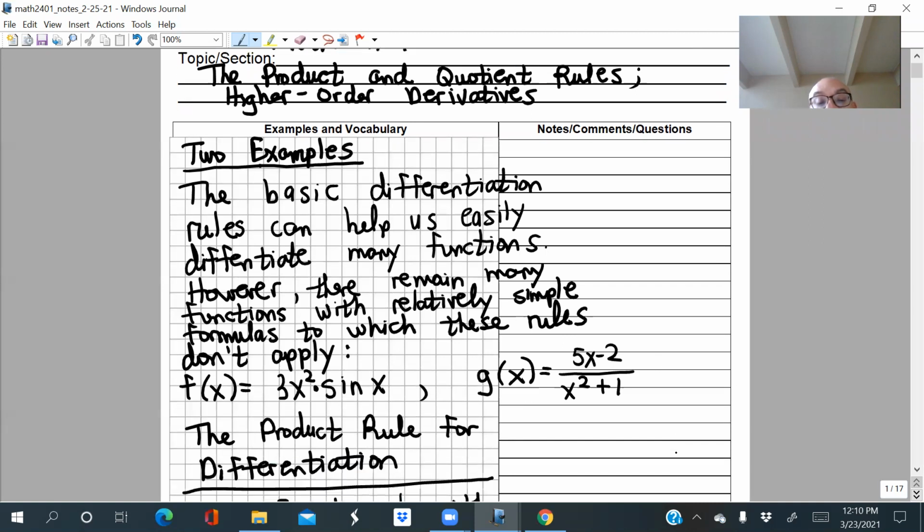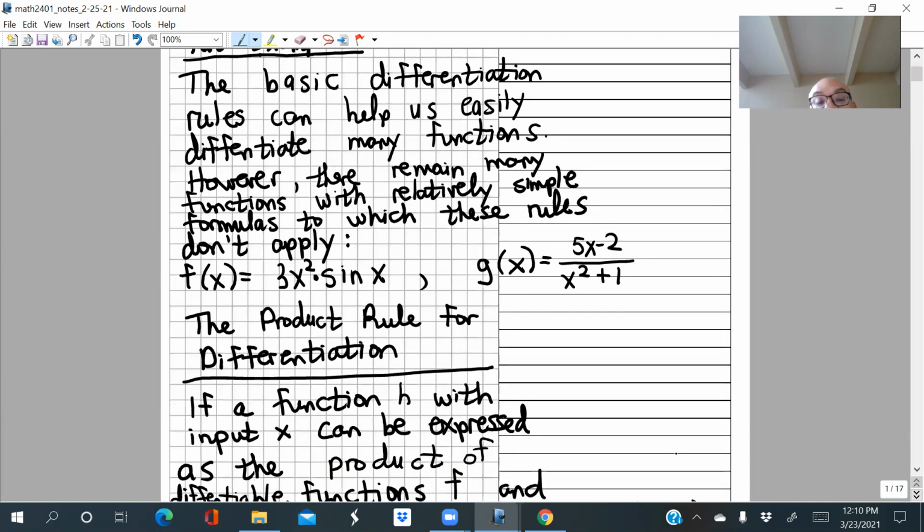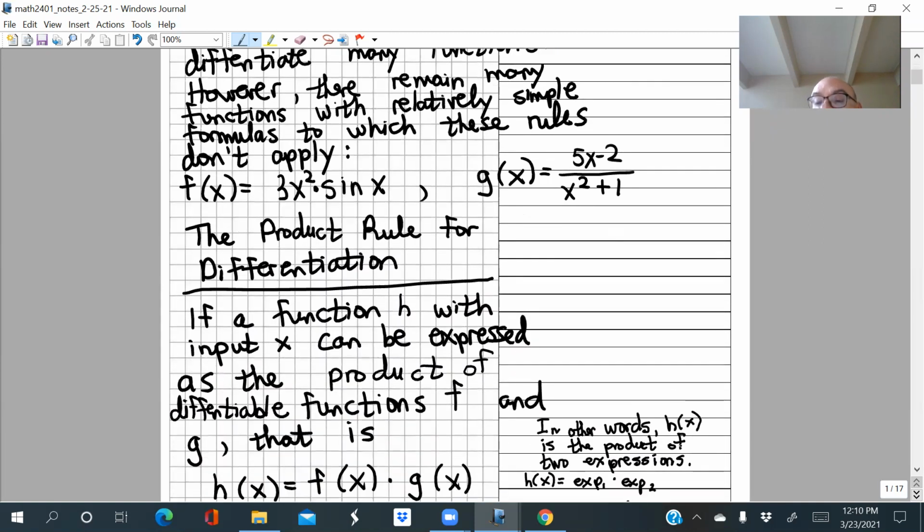The first rule that we're going to learn is called the product rule, and then we'll learn a complementary rule called the quotient rule. And as you'll see, we'll be able to use the product rule and the quotient rule to help us differentiate functions like 3x squared times sine of x, or functions like 5x minus 2 over x squared plus 1.